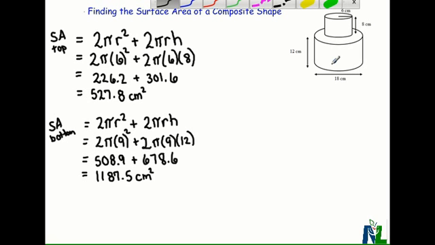So now that we have our two cylinders calculated, we need to find the overlapping area, which is going to be the bottom or the base of the small cylinder multiplied by 2. So to find the area of overlap, we are going to use the formula 2 pi r squared because we have two circles.